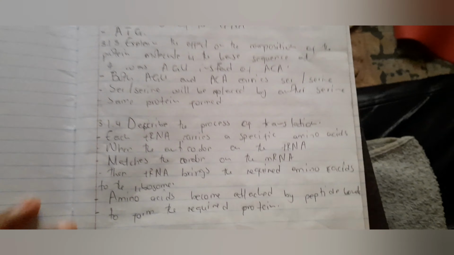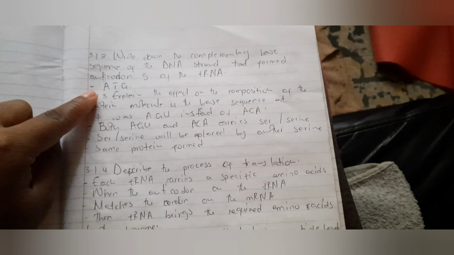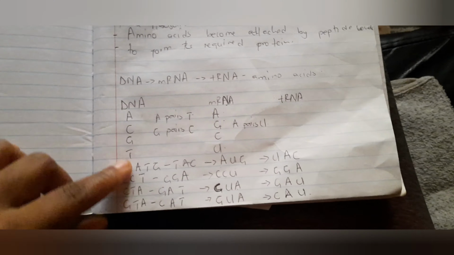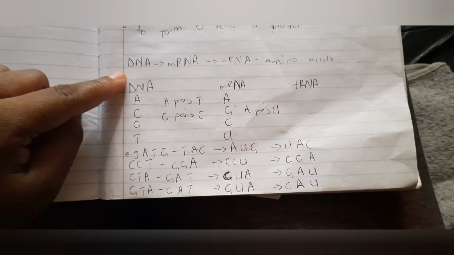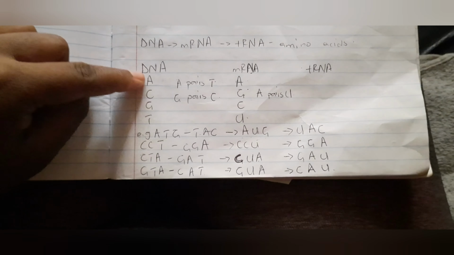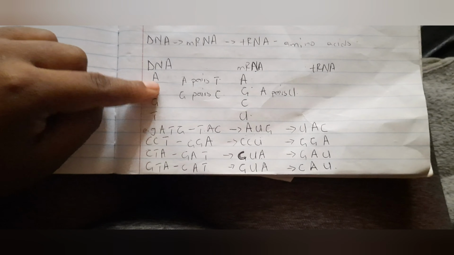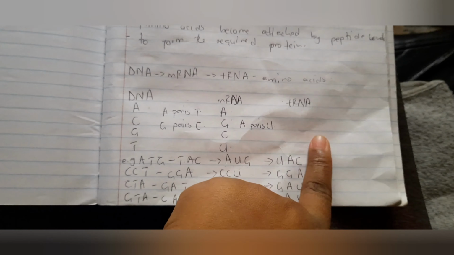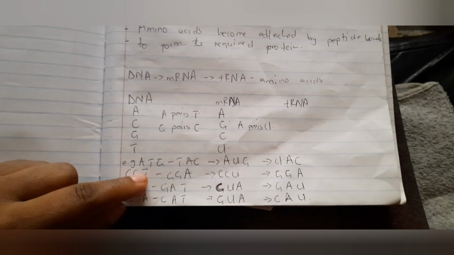As I was saying, for question number 3.1.2, I want to show you how they got to ATG. We were asked to identify the DNA that was used to pair to mRNA, which got used to pair to tRNA, which was number 5. Let me show you an example.